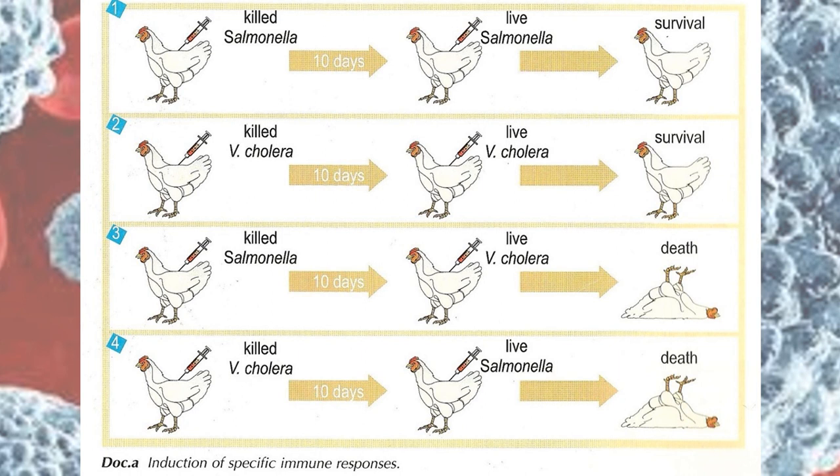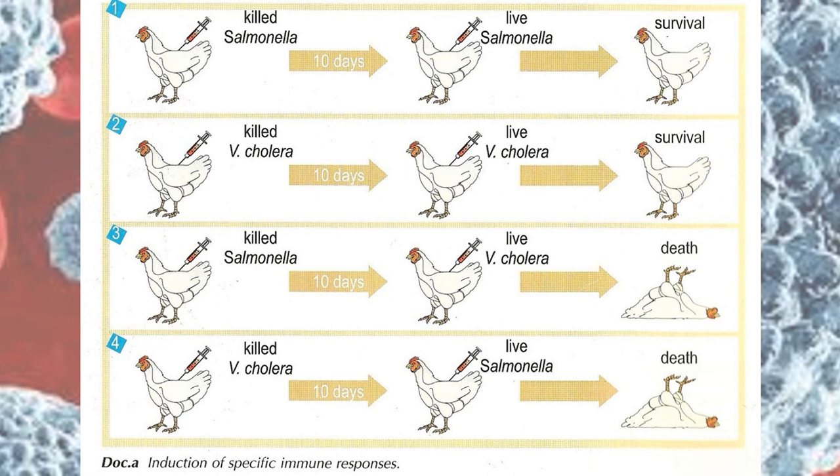Even if it's killed, the body doesn't care actually. Any non-self has to be eliminated no matter if it is going to harm or not. So the body of the hen has eliminated the killed salmonella. It has undergone a primary immune response to kill it. We call it primary because it was the first time dealing with this kind of antigen.